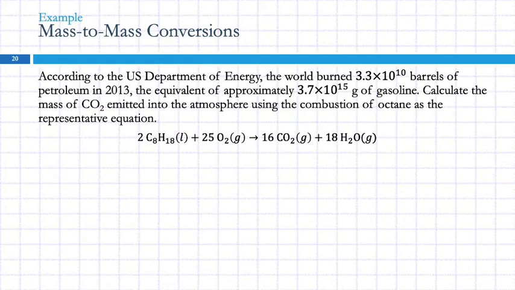Okay, according to the U.S. Department of Energy, the world burned 3.3 times 10 to the 10 barrels of petroleum in 2013, the equivalent of approximately 3.7 times 10 to the 15th grams of gasoline. Calculate the mass of CO2 emitted in the atmosphere using the combustion of octane as the representative equation.